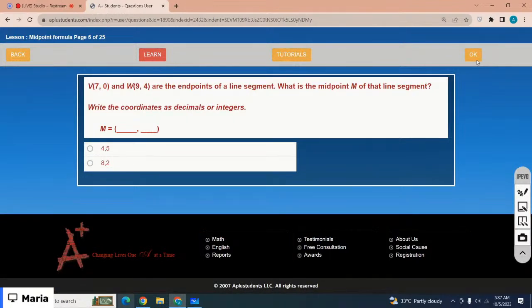Okay, V is (7, 0) and W is (9, 4), the endpoints of the line segment. What is the midpoint M of the line segment? The correct option is 8 and 2, right?